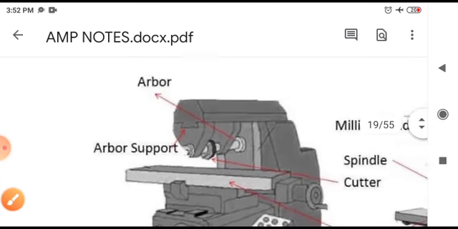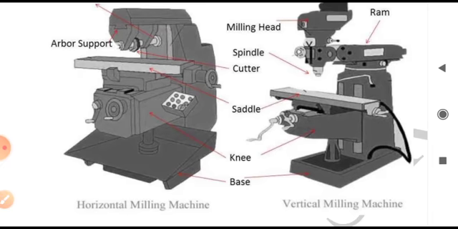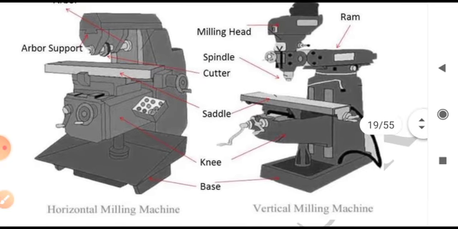You can see the support, then saddle, knee, base; all other parts are the same. You can see the difference. Both machines are shown here: the right one is vertical and the left one is the horizontal milling machine.